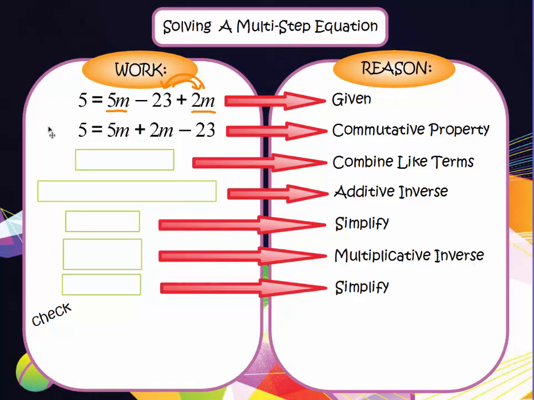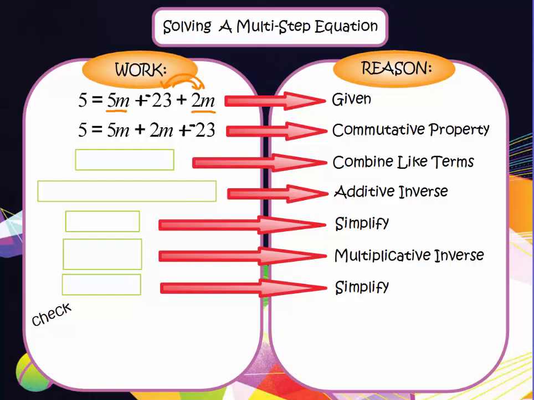So I moved the negative 23 and the 2m. Remember, I can do that because this negative 23 is the same thing as saying plus a negative 23. So now I can move it because I have the commutative property of addition.